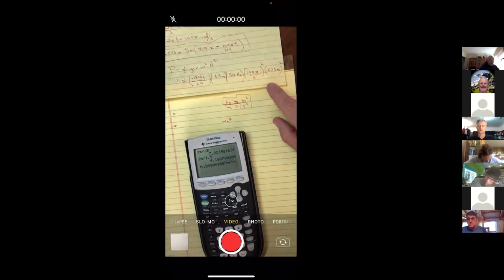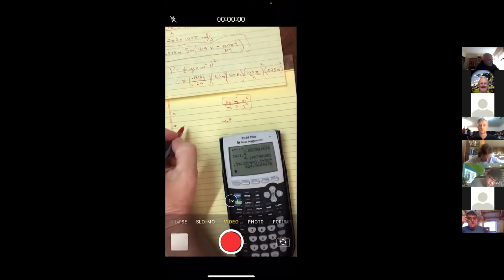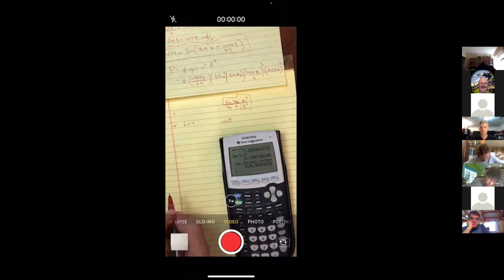And then finally times 0.075 squared. Enter. All right, so this would be 624 watts, or what are there? 746 watts in a horsepower.